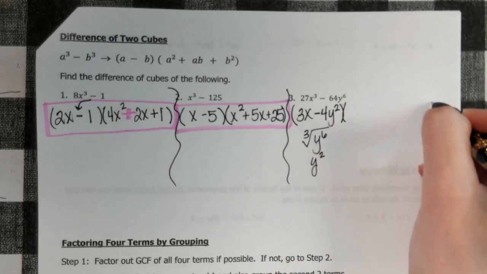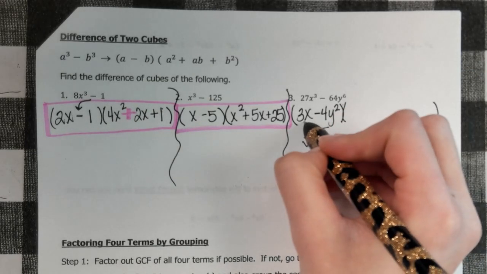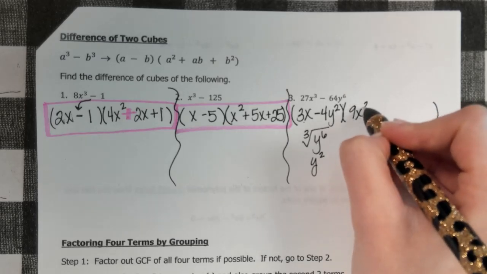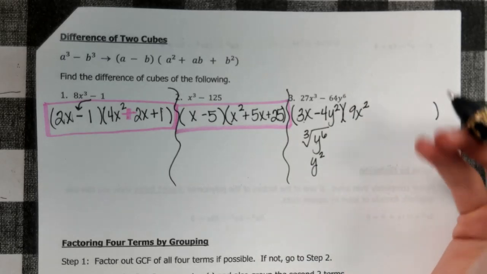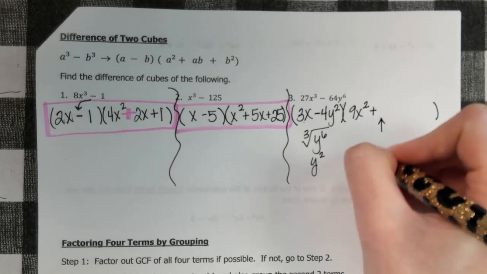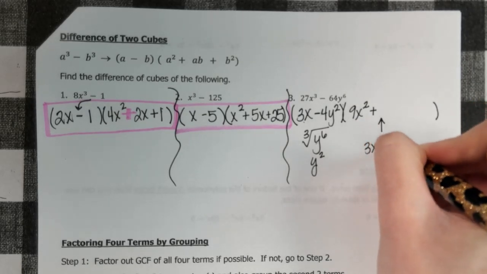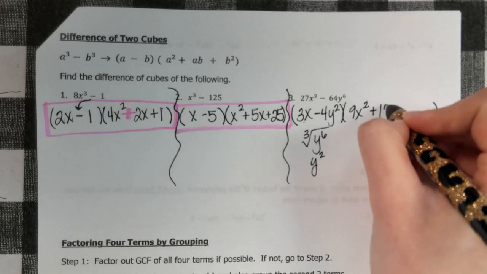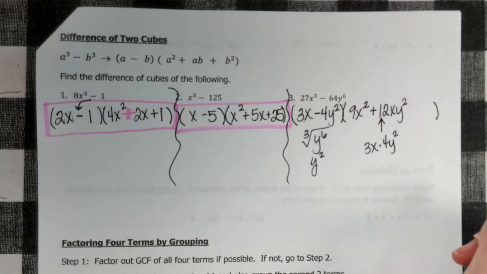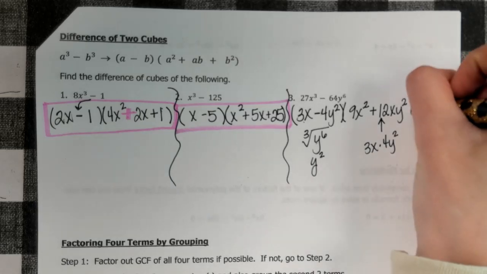Okay, so then I take 3x and square it, and that leaves me with 9x squared. I change my sign to a plus. I multiply 3x times 4y squared. So 3 times 4 is 12, and then I write xy squared in alphabetical order. Then I have a plus.